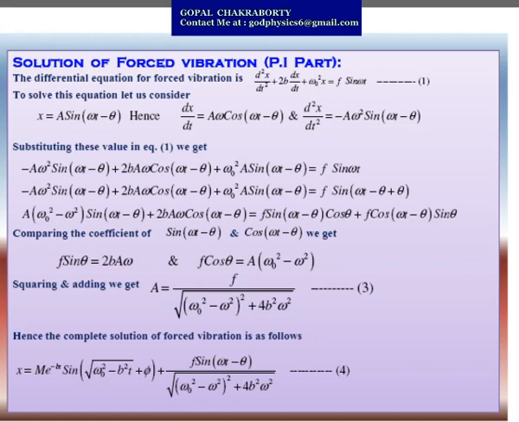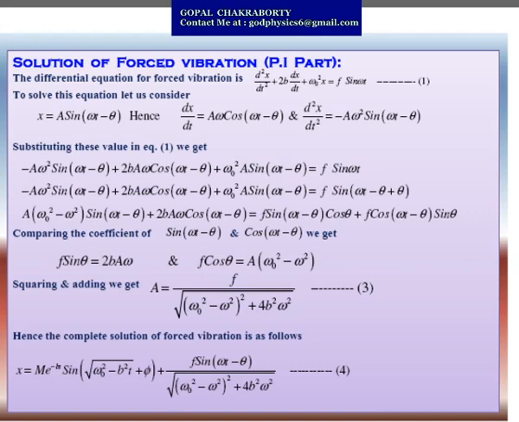Illustrating this, you can write a within bracket omega naught square minus omega square, sine of omega t minus theta, plus twice b a omega cos of omega t minus theta, equals f sine of omega t minus theta cos theta plus f cos of omega t minus theta sine theta.